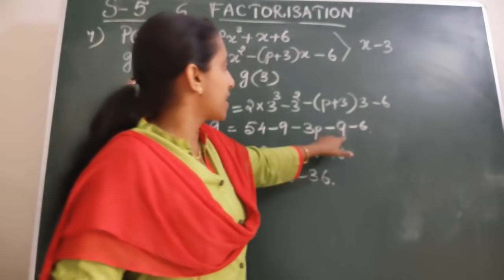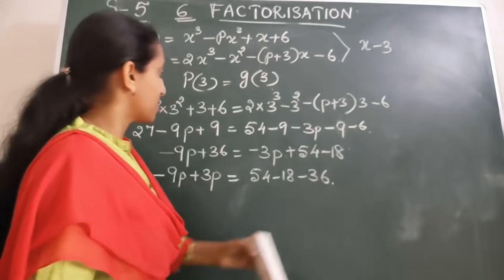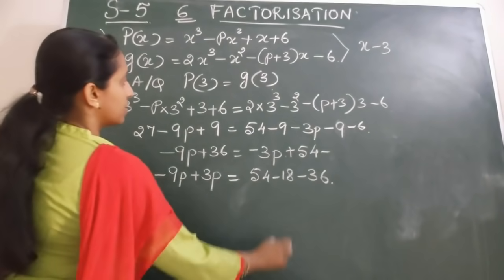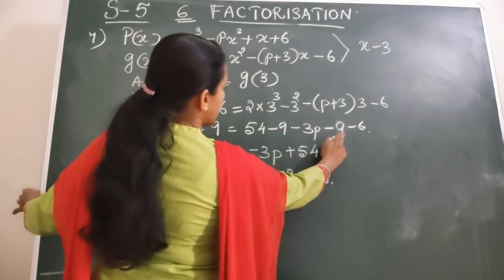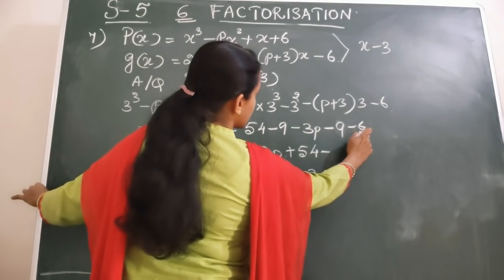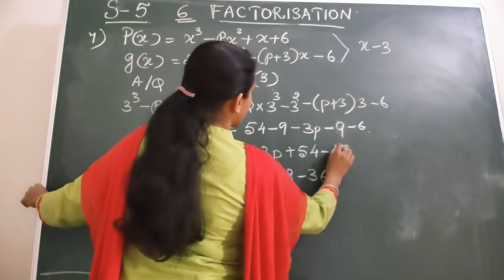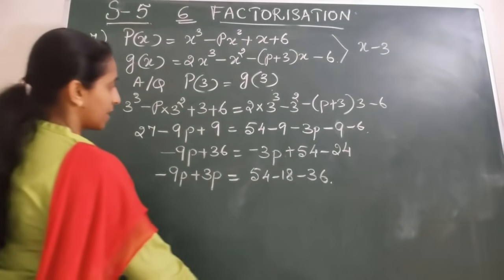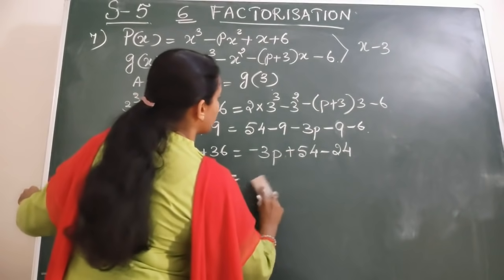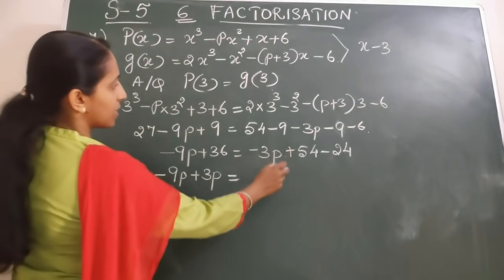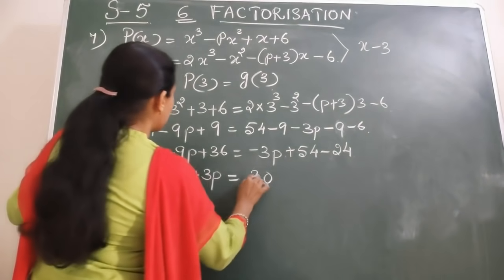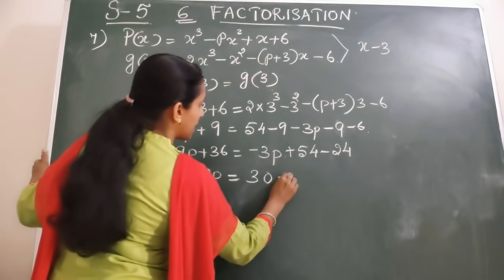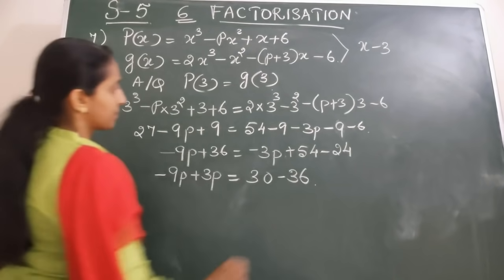Sorry, 3 3s are 9 minus 6, otherwise it comes as 0, no? So here we will get minus 18 minus 6. So 54 minus 24. Right? So 54 minus 24, you can take it directly. What will you get? 30. And this 36 comes over there, minus 36.